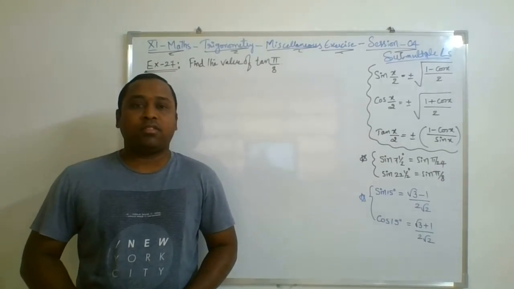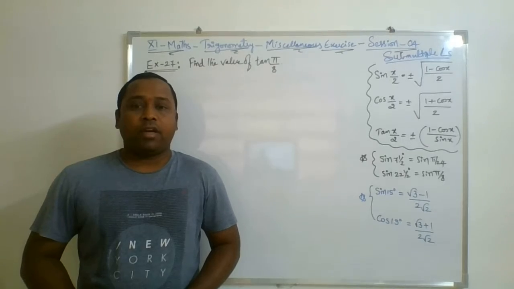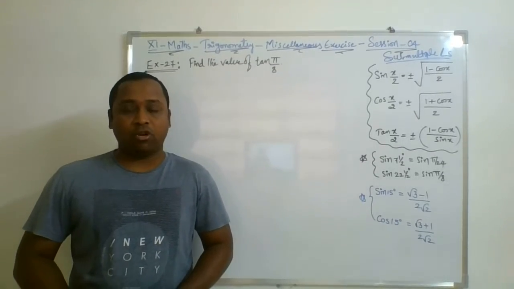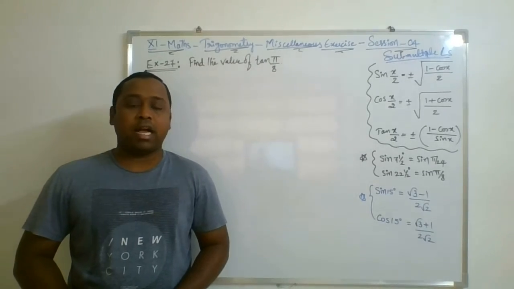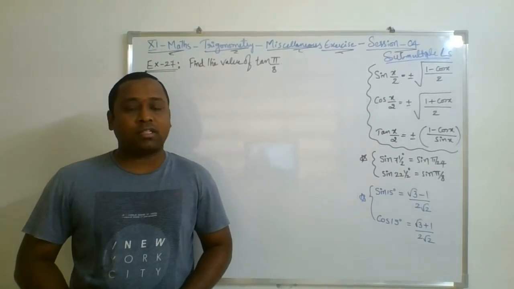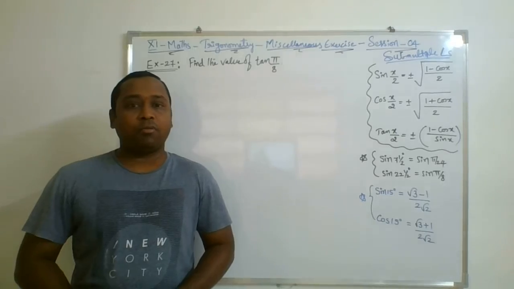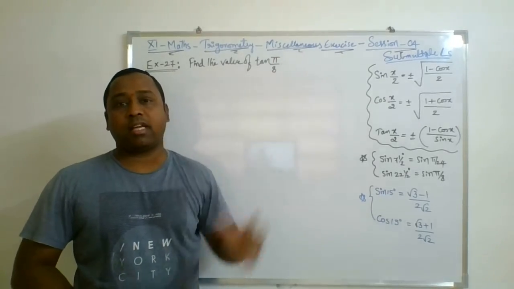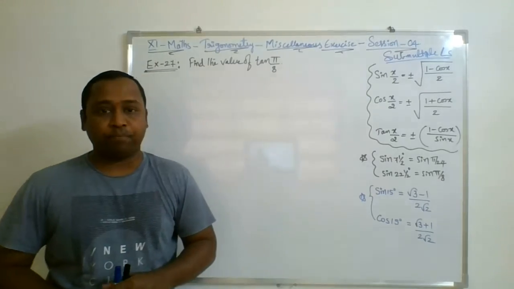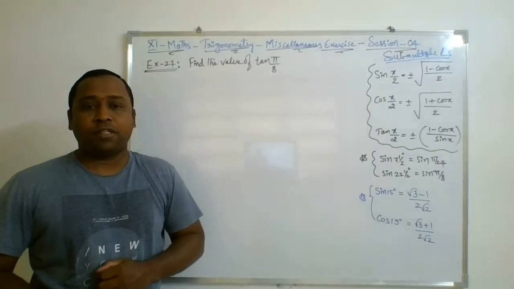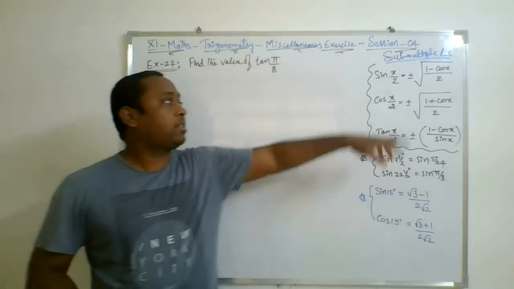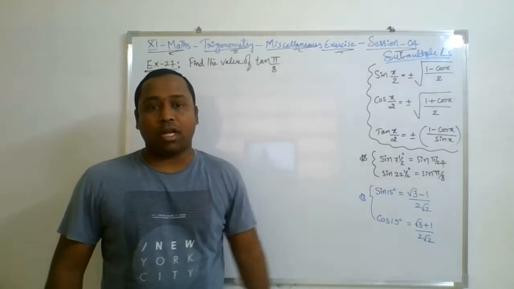So, in this session today we are going to discuss a few important sums of trigonometry. You may consider them higher order thinking skill questions, or you may consider them as coming from the miscellaneous exercise of the NCERT textbook. First we'll start with questions based on submultiple angle formulas.